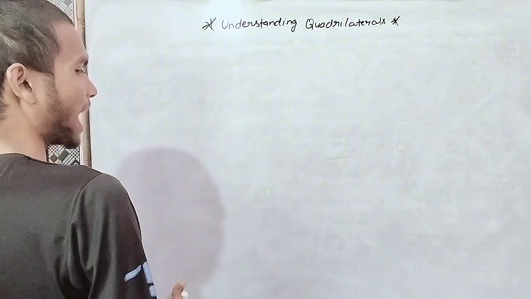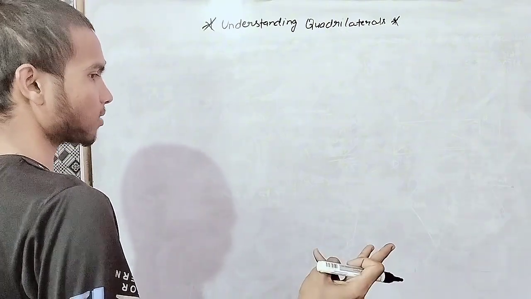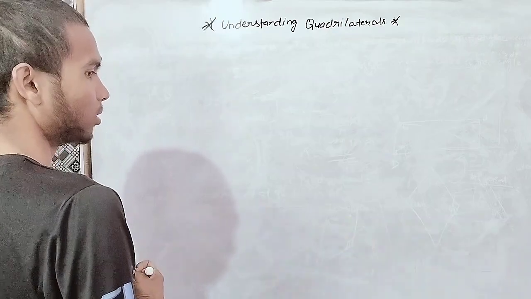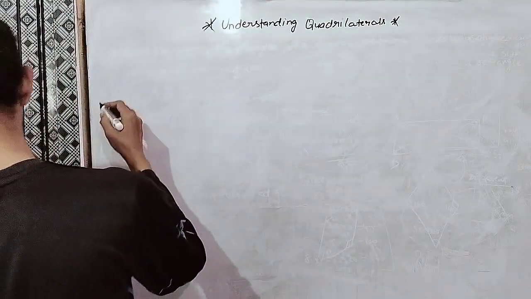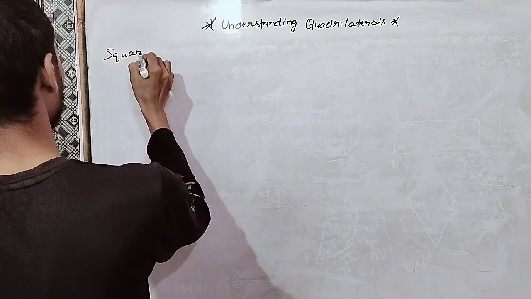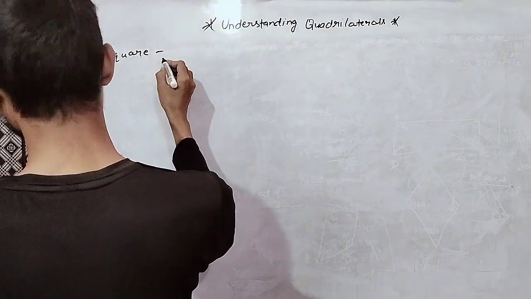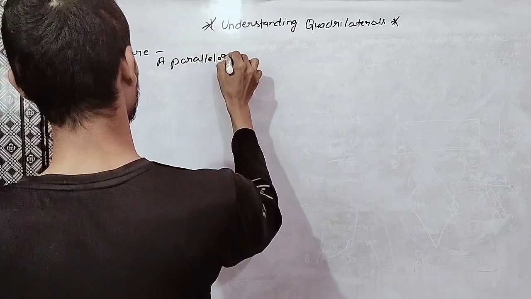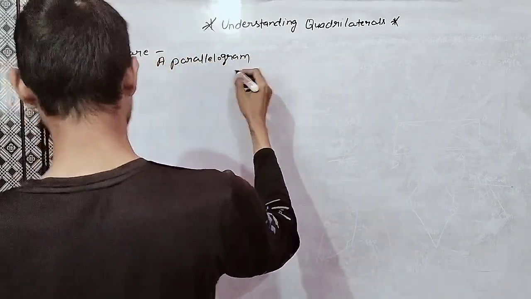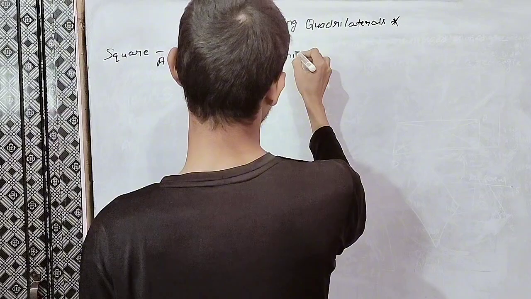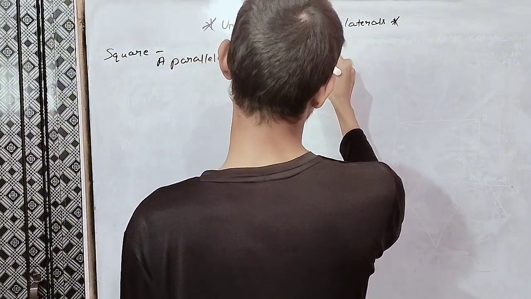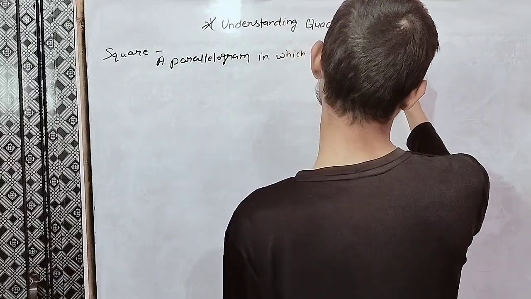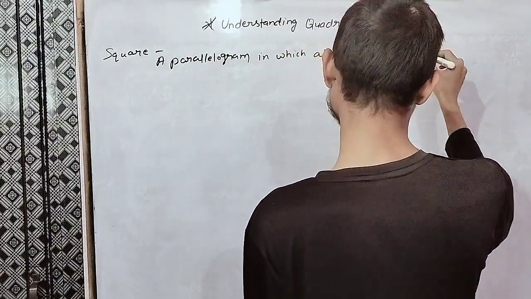And a square has two diagonals, and the two diagonals bisect each other. A square is already a parallelogram in which all sides are equal.